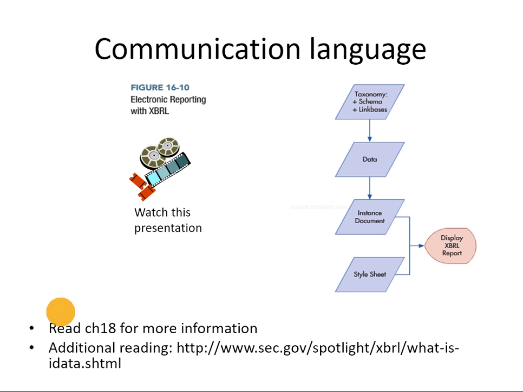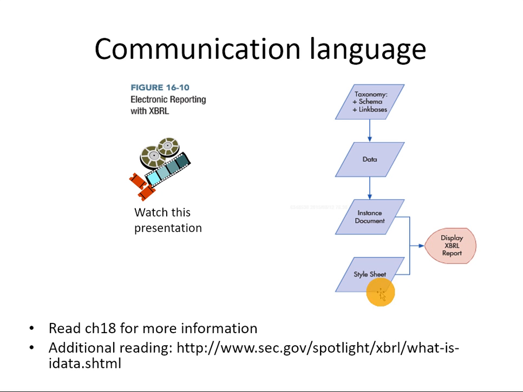What displays XBRL is basically two things. We have the instance document plus the style sheet. Basically, the style sheet is going to tell the software what kind of format the report will be.